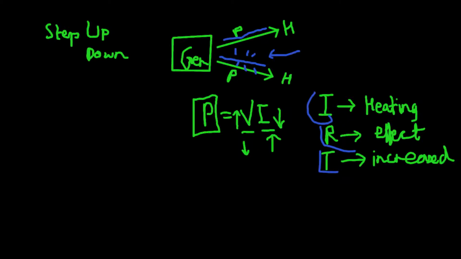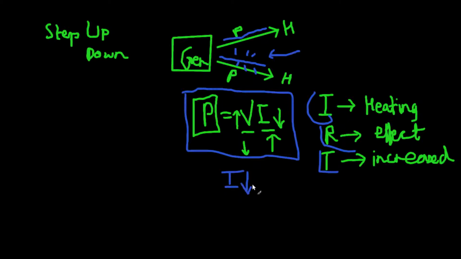Now, just look at this relation that we derived here. If you want to reduce I, we need to increase V. Now, this is where your alternating current or alternating EMF comes into play. You can alter the EMF or the voltage of AC, and so we're going to use that to step up the voltage when we're transmitting over long distances.